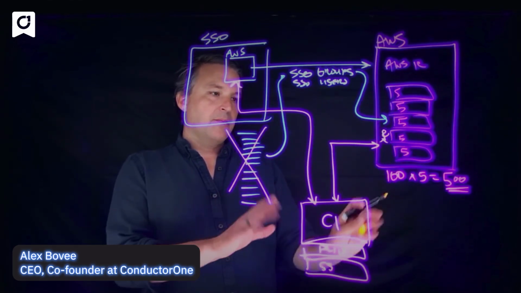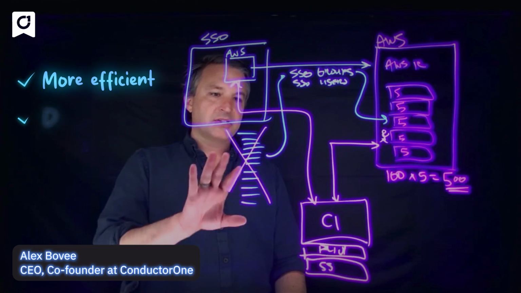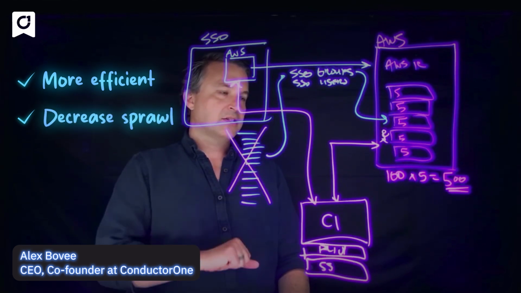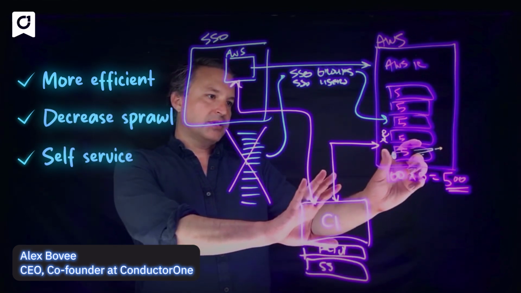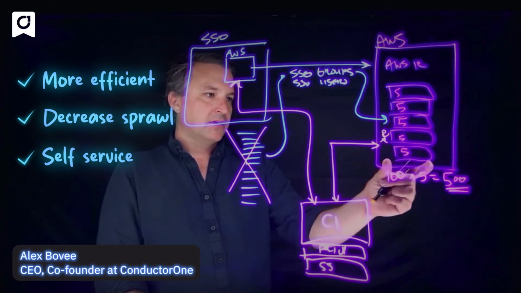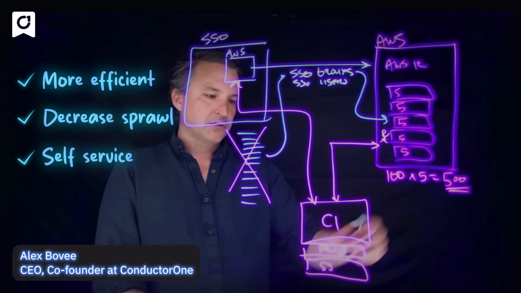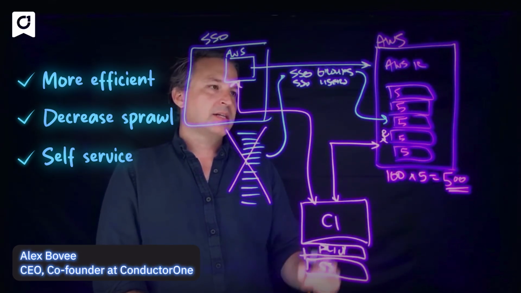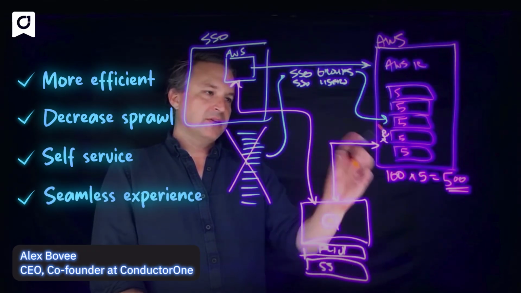And so it's a much more efficient way to manage access. You decrease the number of objects and the sprawl. You've enabled self-service, because when you've added new accounts in the AWS environment, those are discovered directly in ConductorOne, and you can assign policy to them, and everything works seamlessly.